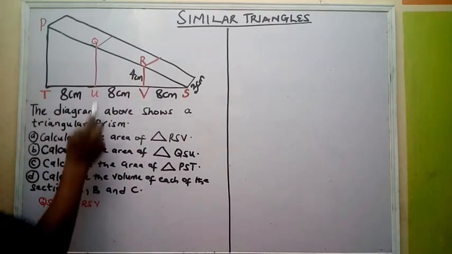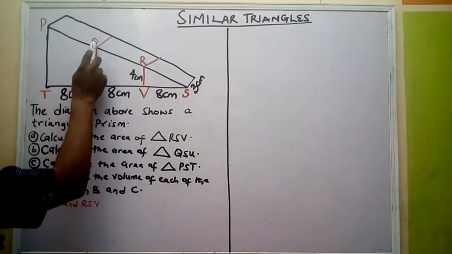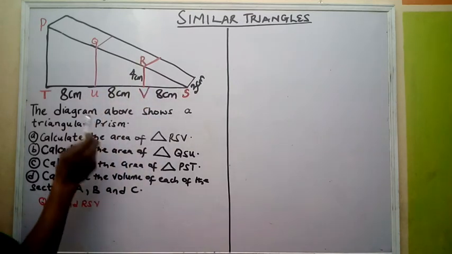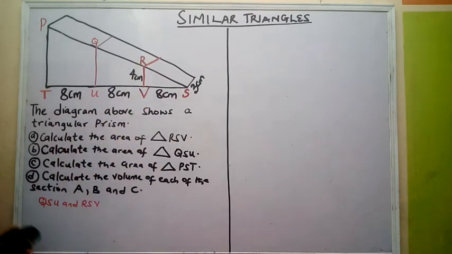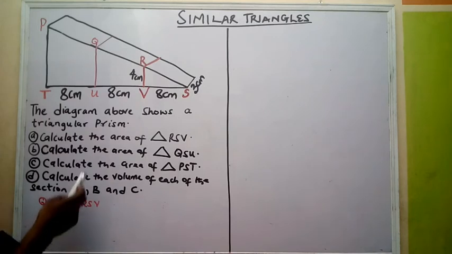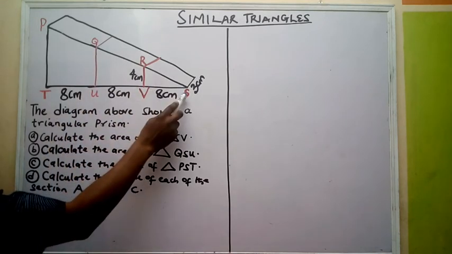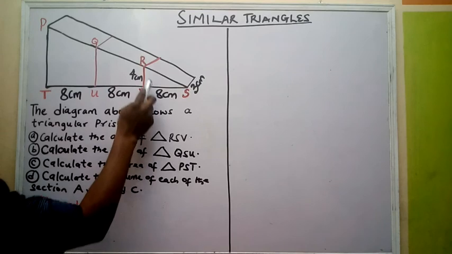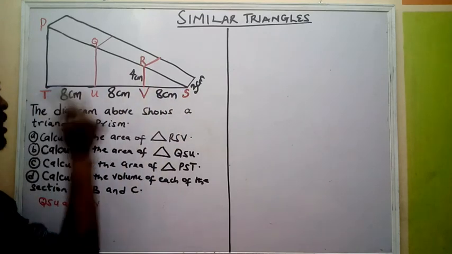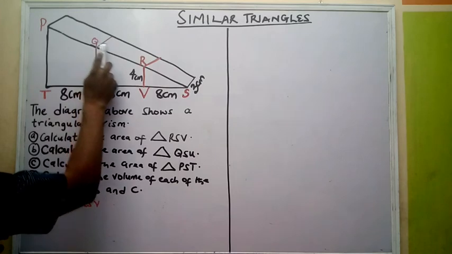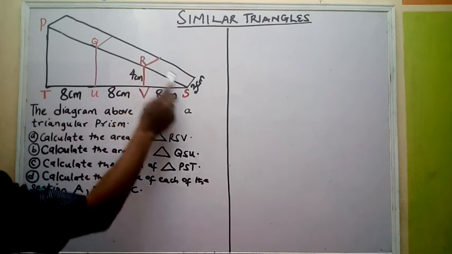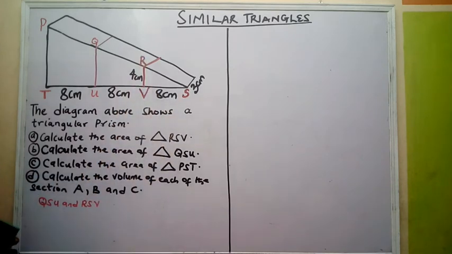So if I'm comparing QSU with RSV, I want to find their corresponding sides. You can see that for QSU, this length is 8 plus 8, which is 16 centimeters. For RSV, this length is 8 centimeters. So you can see their corresponding sides.